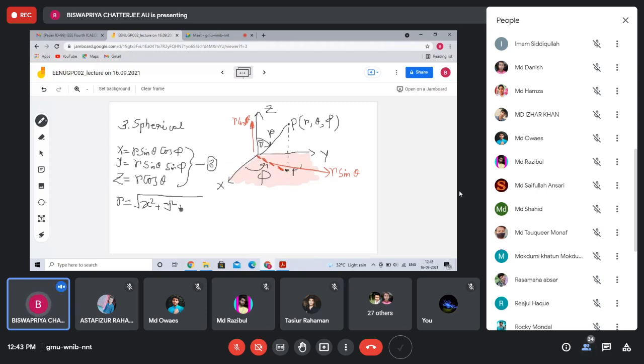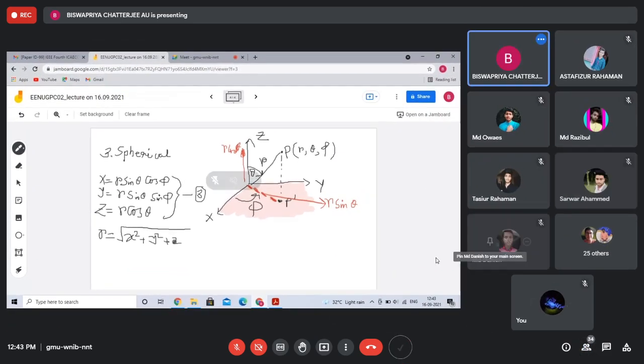r is equal to the square root of x square plus y square plus z square. Theta is equal to tan inverse, where the numerator is the square root of x square plus y square, and the denominator is z.